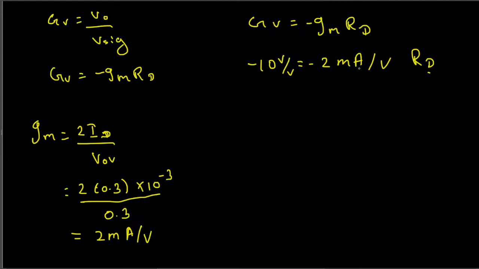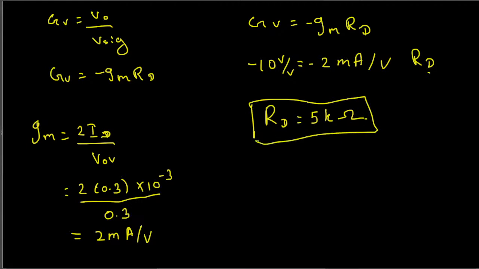If we rearrange, the minus signs cancel each other, and 10 divided by 2 gives 5, and milli becomes kilo when we go to the top. So we end up getting 5 kilo ohm for Rd. That is the B part of the question.